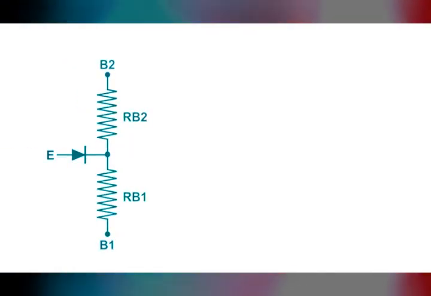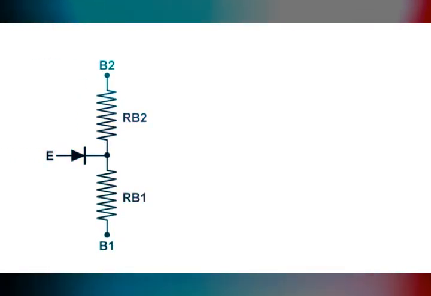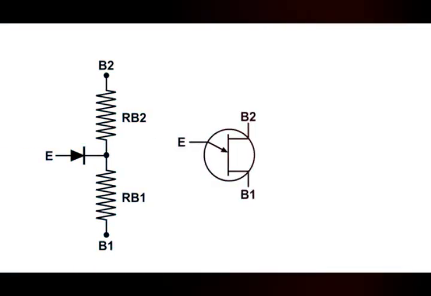Resistor RB1 is placed between the emitter and terminal B1, while resistor RB2 is placed between the emitter and terminal B2. Since the physical position of the PN junction is closer to the B2 terminal than the B1 terminal, the resistance value of RB2 is lower than that of RB1.